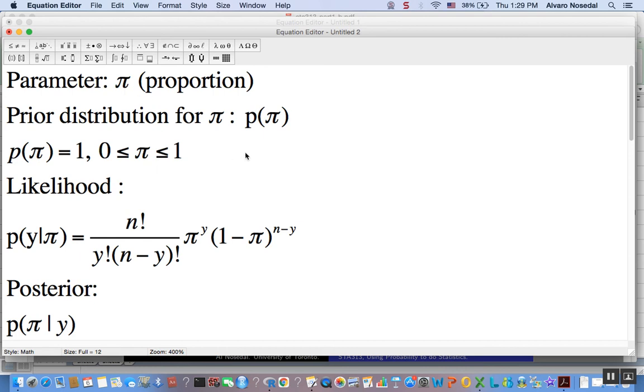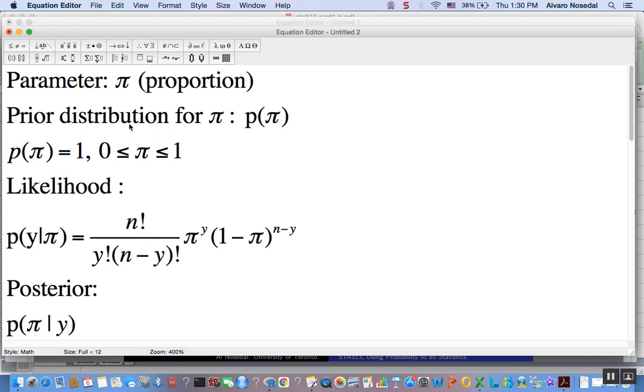The main ingredients to do Bayesian inference are these. A prior distribution for the parameter of interest. Again, this is going to have a probability distribution, because we're considering it a random variable. The other one is the likelihood.